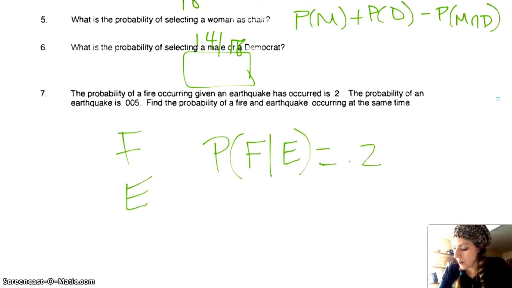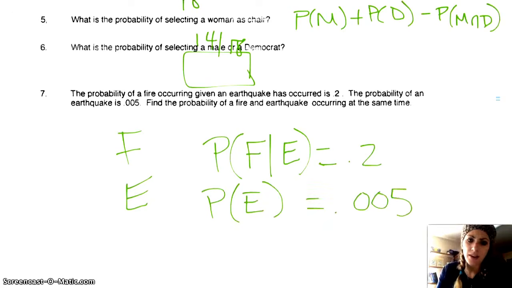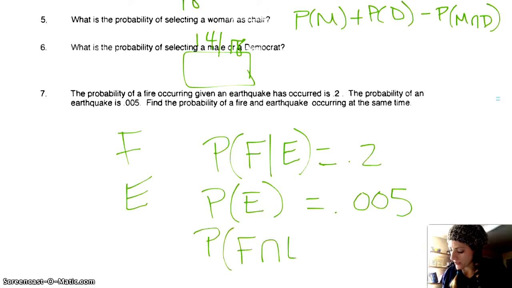The probability of an earthquake occurring alone is 0.005. Find the probability of a fire and an earthquake occurring at the same time. So we want to know the probability of fire and earthquake. This is what we're looking for.